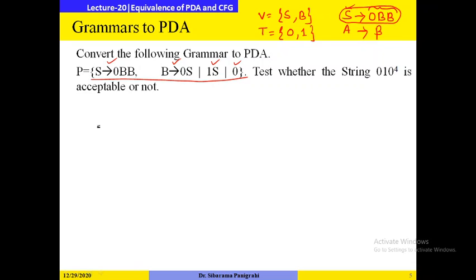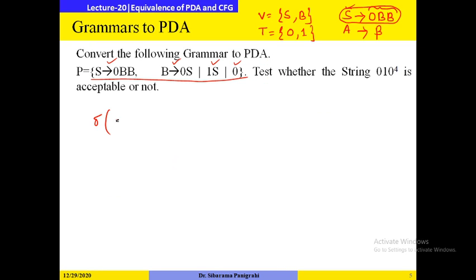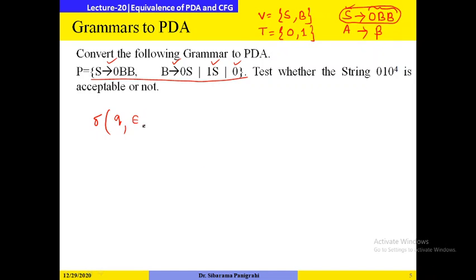So what will you write? How do we write the transition function of the pushdown automaton? We write delta of q, where q is a state, comma, and the input is epsilon.